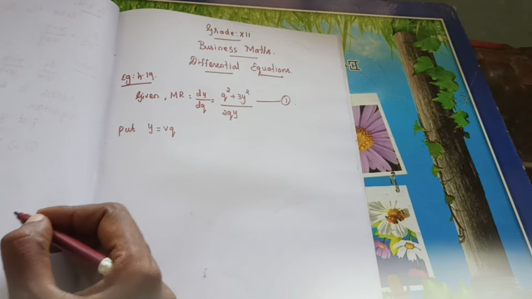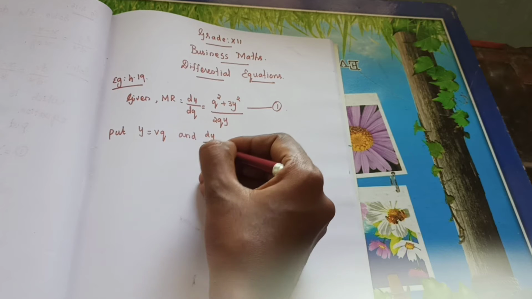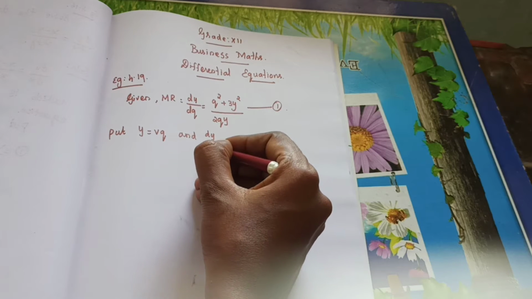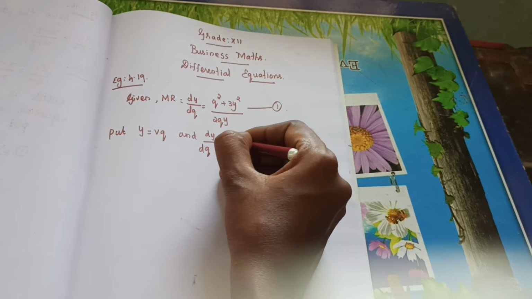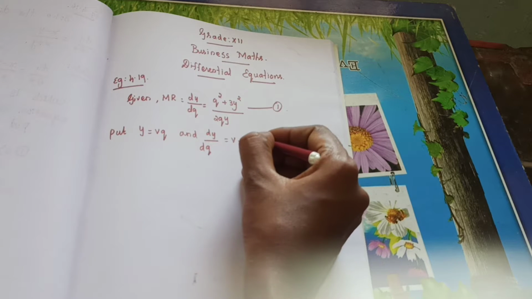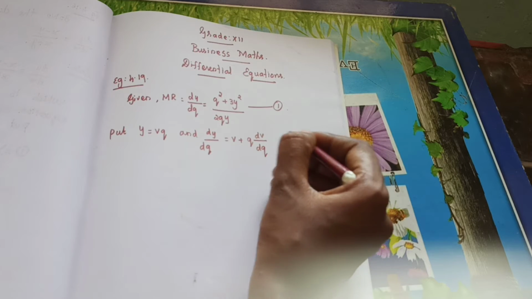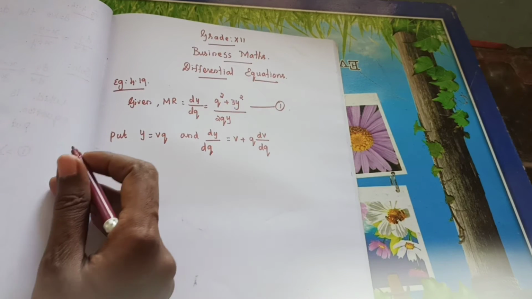If we differentiate this, what will happen? dy by dq equal to v plus q into dv by dq, using the product form. Substitute this value in equation number 1.